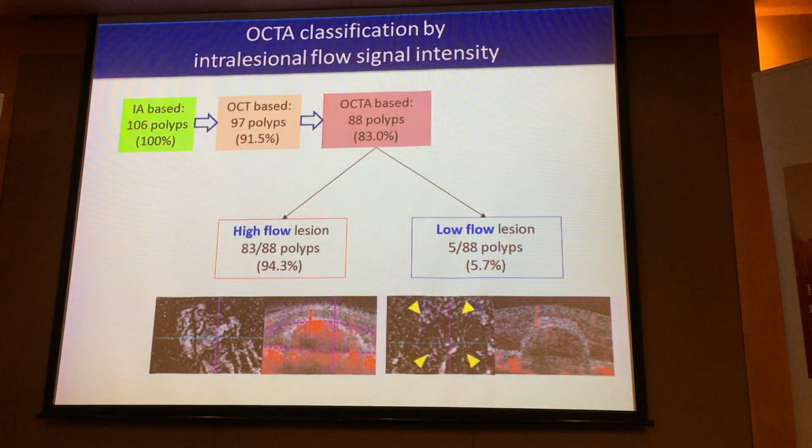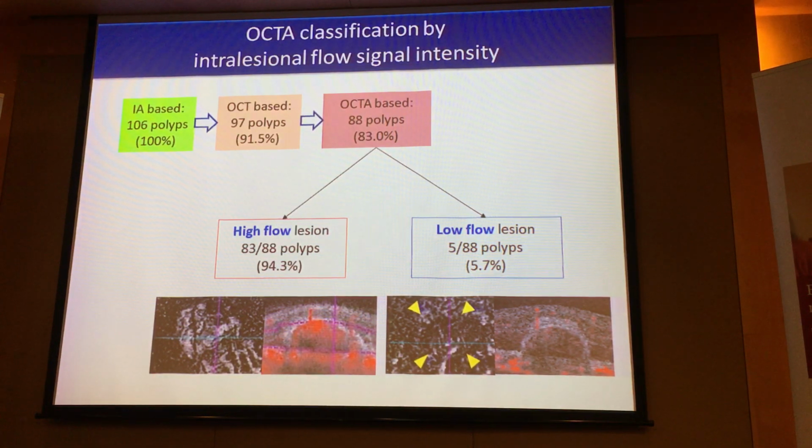And also we classified the PCV by intraregional flow signal intensity. Sometimes the polyp shows a very low flow region. That means no flow or very subtle flow in the polypoidal region, about 6%.